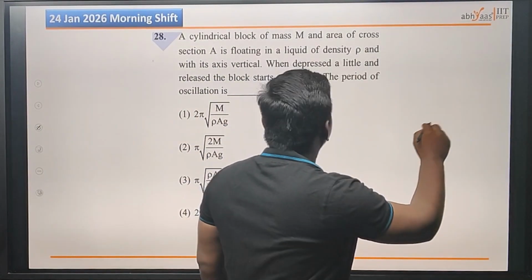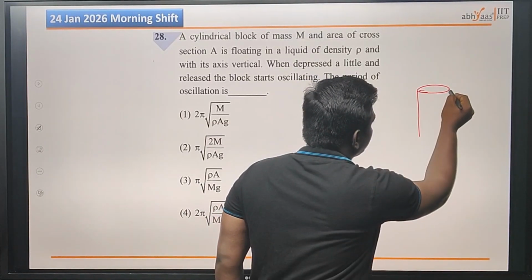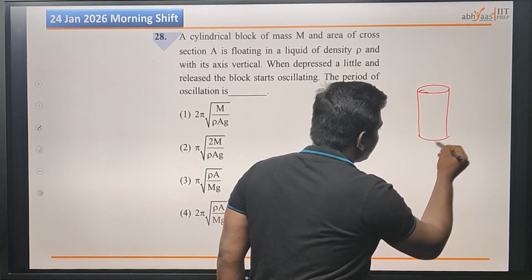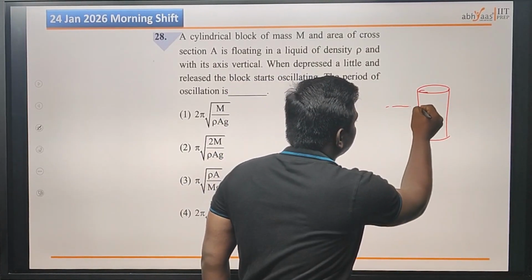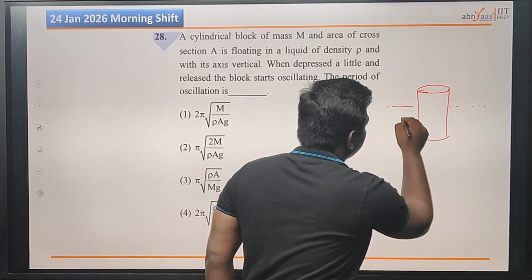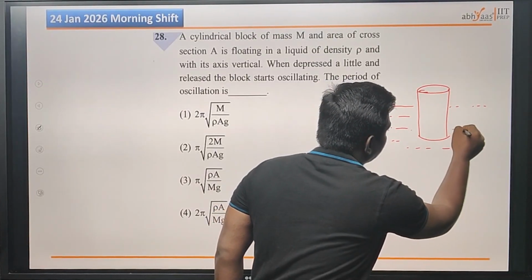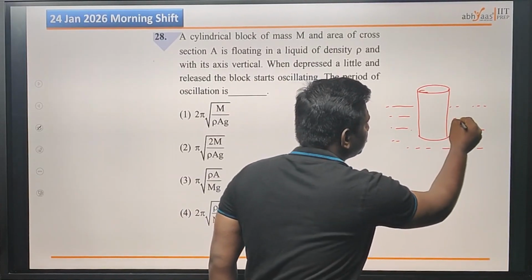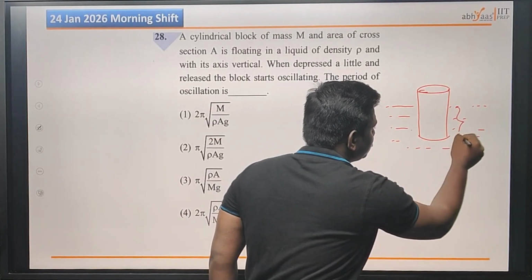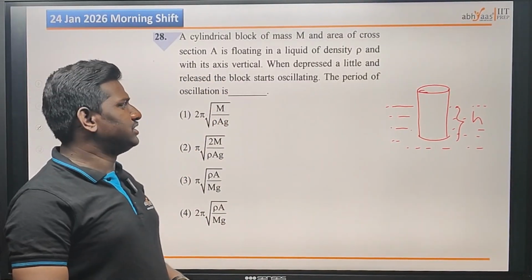One cylindrical block is there, which is in liquid. This is our liquid. Take this height as h.